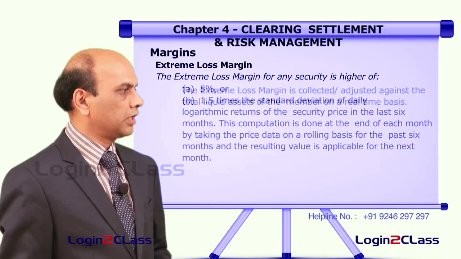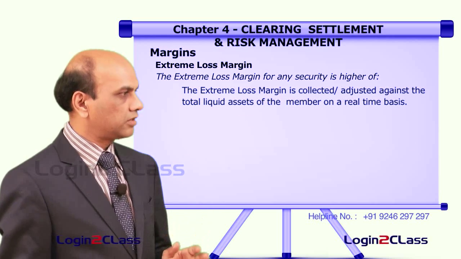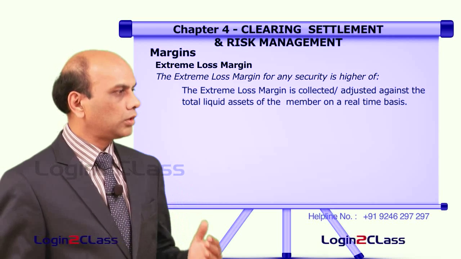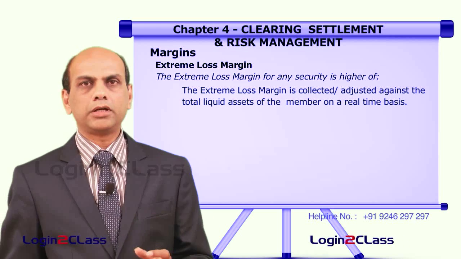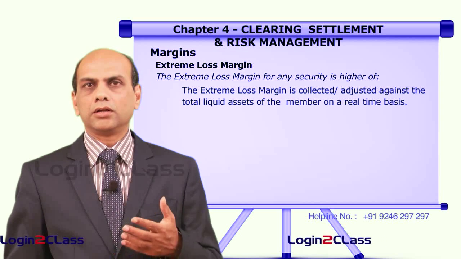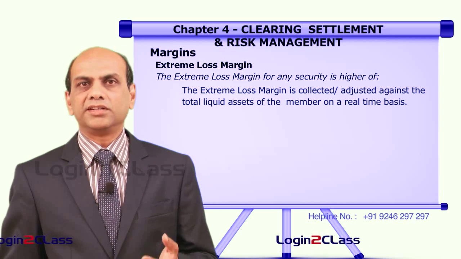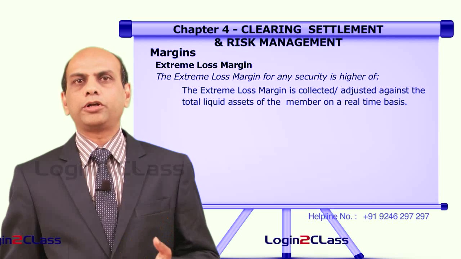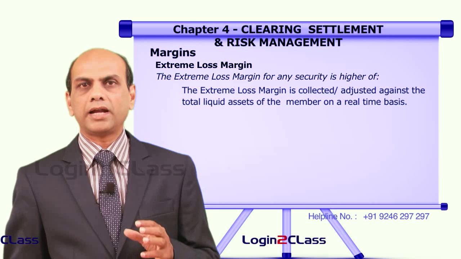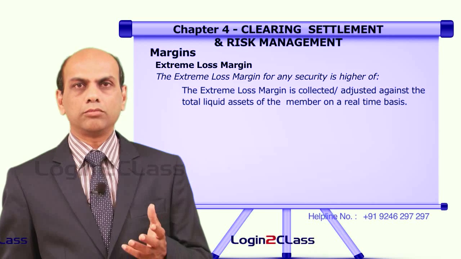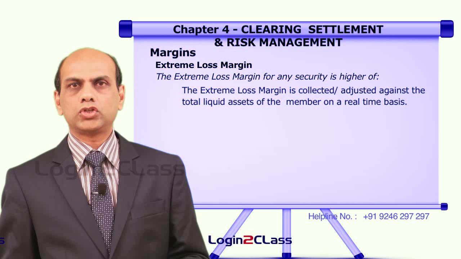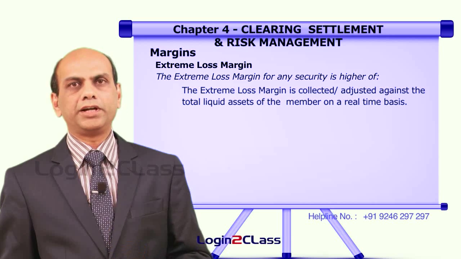The extreme loss margin is collected, adjusted against the total liquid assets of the member on a real time basis. That is, during market hours, if this extreme loss margin is reached for that particular security, it will be accounted on a real time basis, and that amount will be collected from the amounts that are available with the exchange on behalf of the trading member.